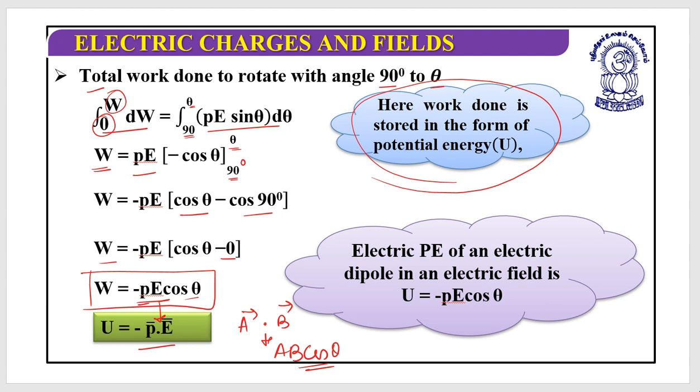Is it clear? So up till now in this class we have discussed two things. One is the torque acting on a dipole when it is placed in a uniform electric field. And the other thing we have discussed is the potential energy, or work done required to rotate the dipole. Here we can do one more thing.